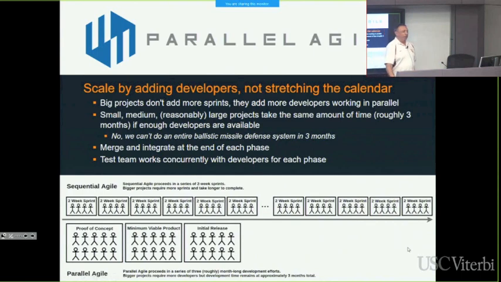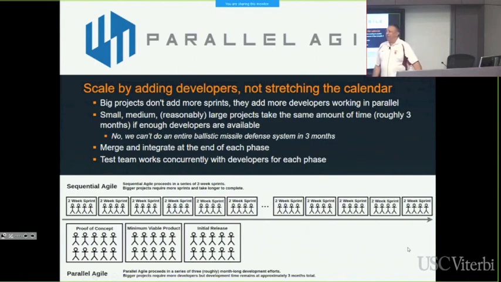I spent a lot of time talking to Professor Boehm about scalability, like what's the limits to this, and I put this bullet on here specifically for him because he looks at me and he says, if you're going to tell me you can do a whole ballistic missile defense system in 3 months across all the joint services, I'm going to tell you you're lying. And so, no, I'm not claiming we can do that, okay?